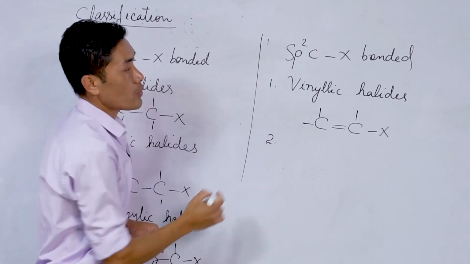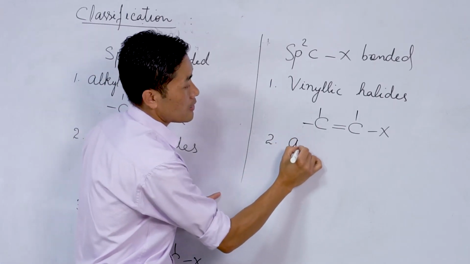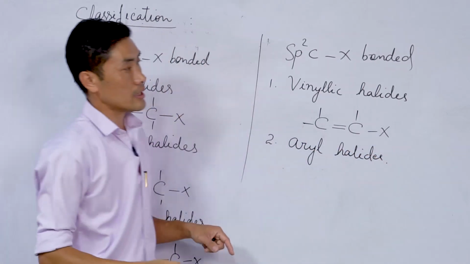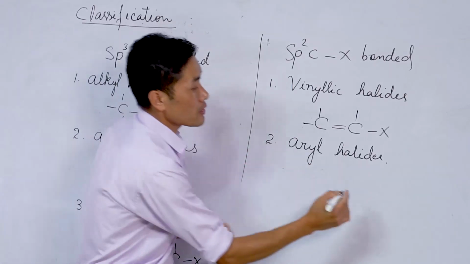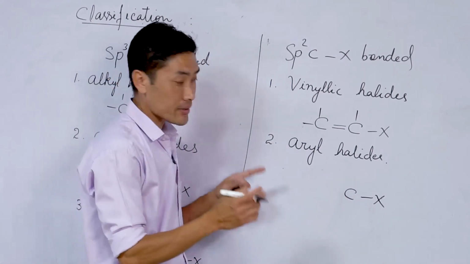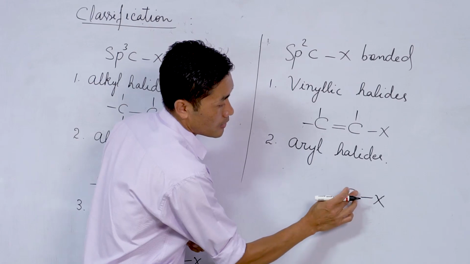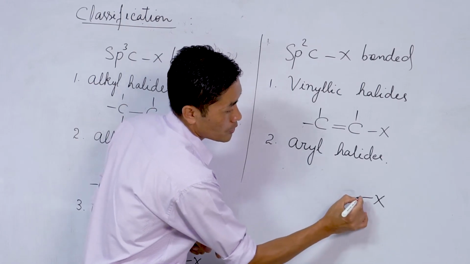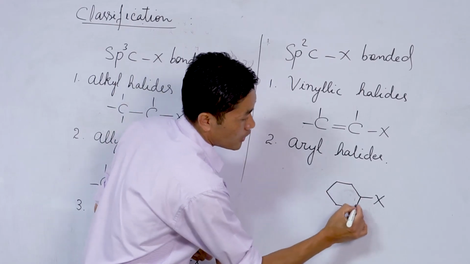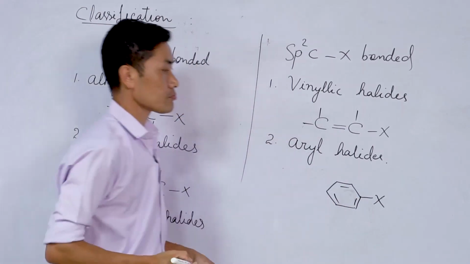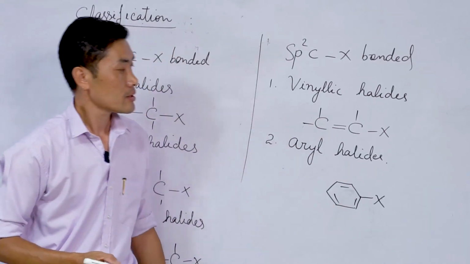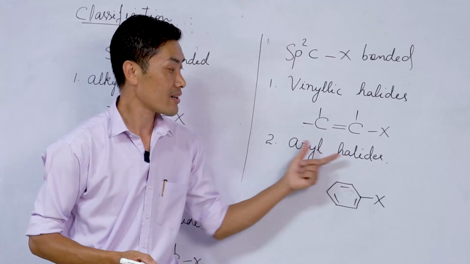Then finally, we have aryl halides. In this one, the halogen atom is bonded to a carbon atom of the aryl ring. So this carbon actually belongs to the benzene ring or any aromatic ring. These aryl halides are also called haloarenes.